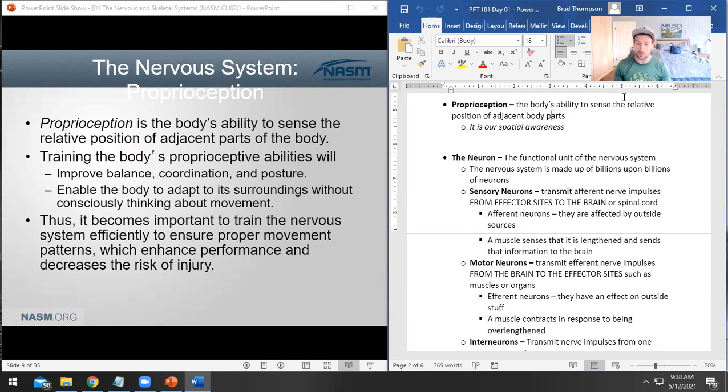Well, that is where proprioception comes in. It's not only information going out, it's also information coming back in. So I'm sending a signal that says wiggle your fingers, and then I'm getting a signal from each one of those fingers telling me what position it's in and how it is moving. That's giving me spatial awareness.